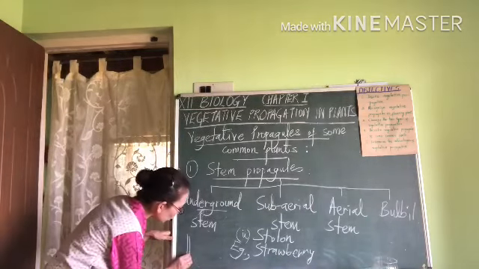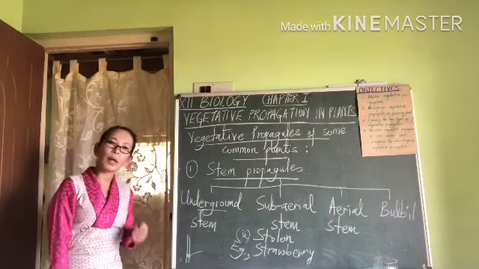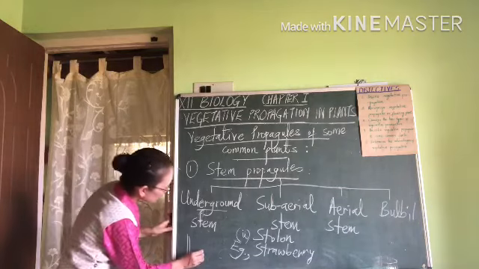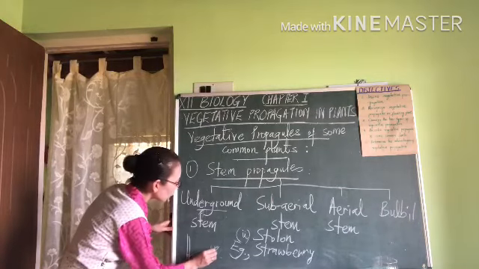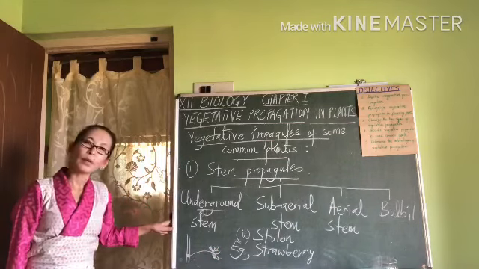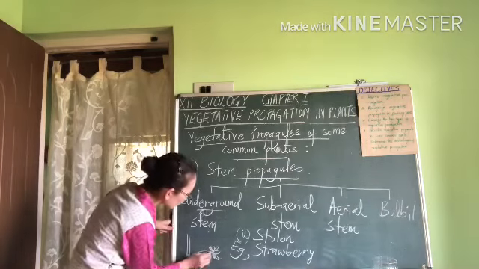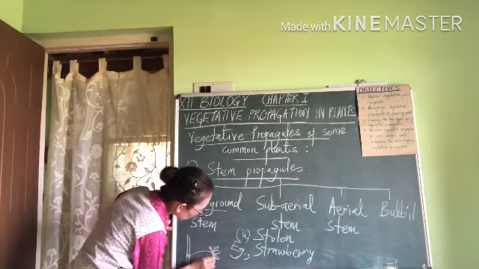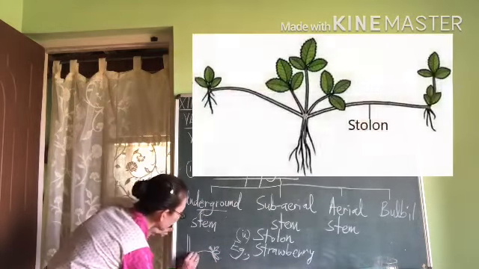Then from some node, we have a branch stem here, and after a certain time, this stem can form leaves at the tip of the stem. And because of the weight of this leaf, the stem starts to bend.